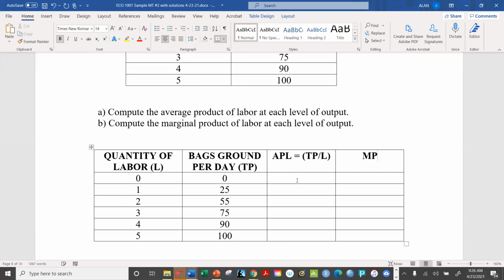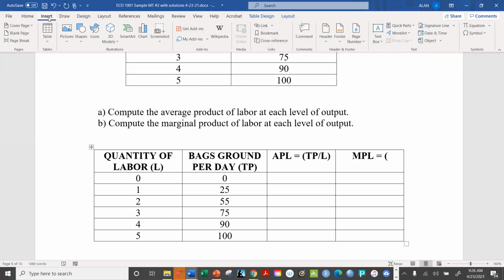The marginal product of labor is the change in total product over the change in labor. Of course, both of these are undefined in the first row.